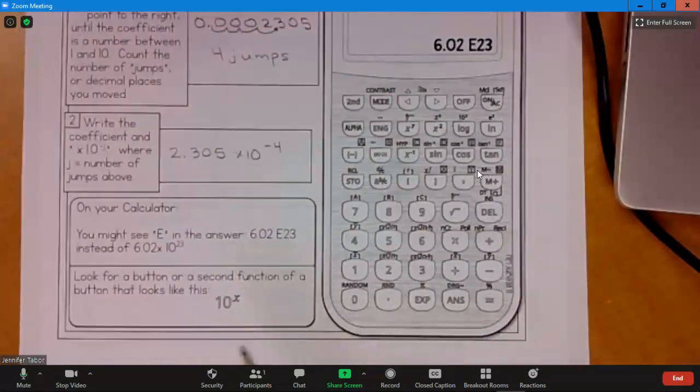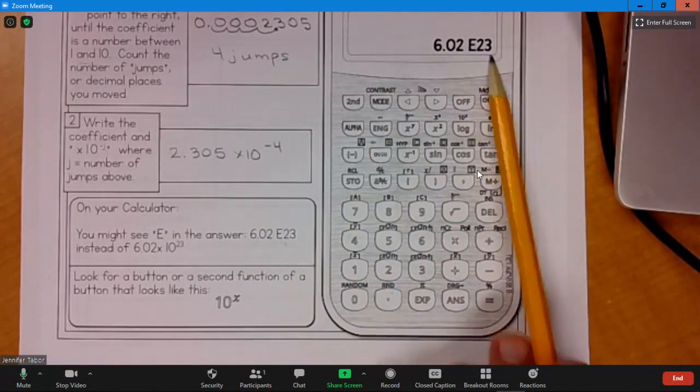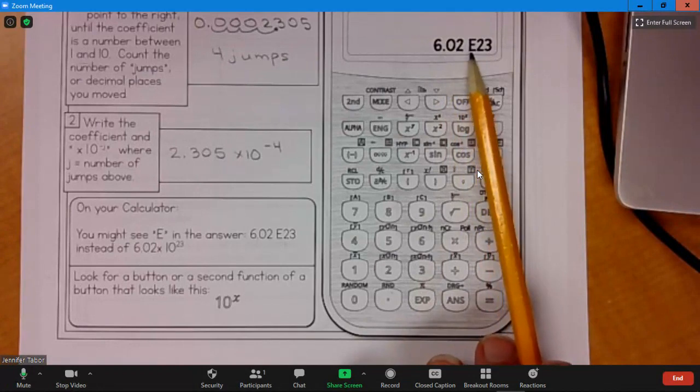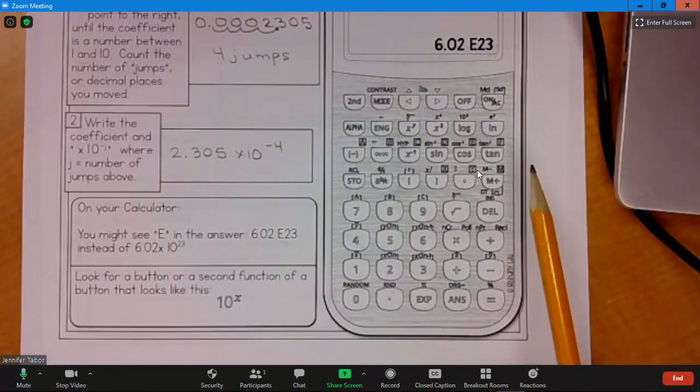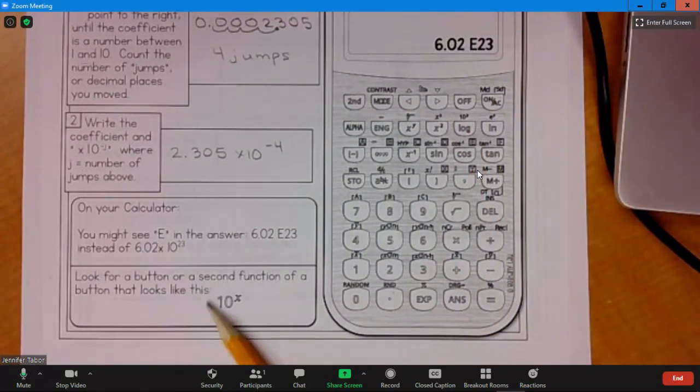As a quick note, your calculator might have an E. You might see a button that says E. That stands for exponent. So like this is 6.02 times 10 to the 23rd. So you don't have to put in that times 10. You just hit the E button. It also might look like this, 10 to the x power.